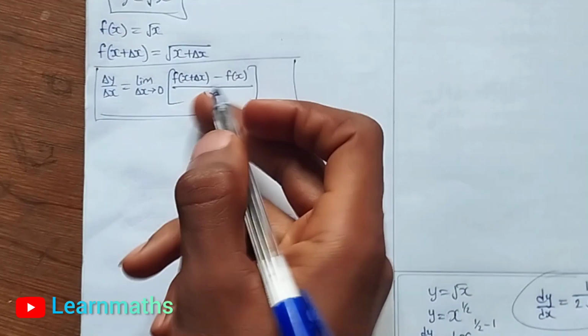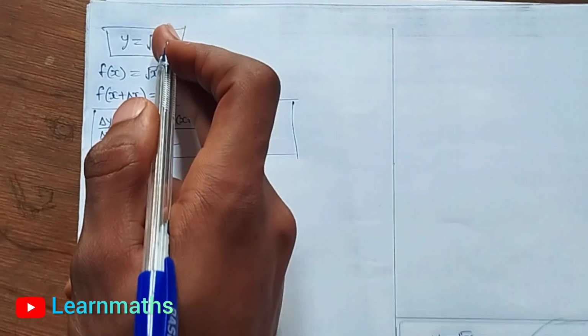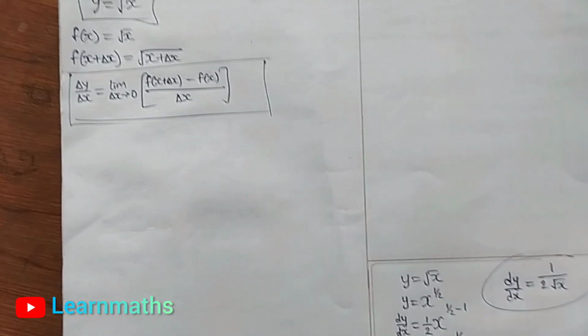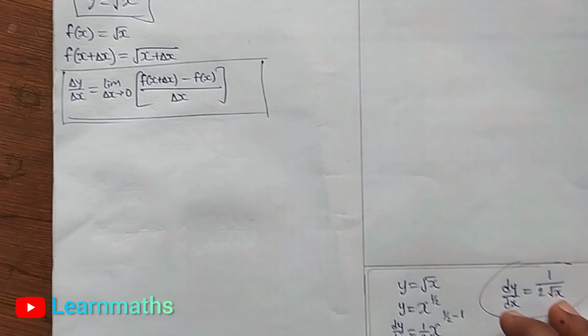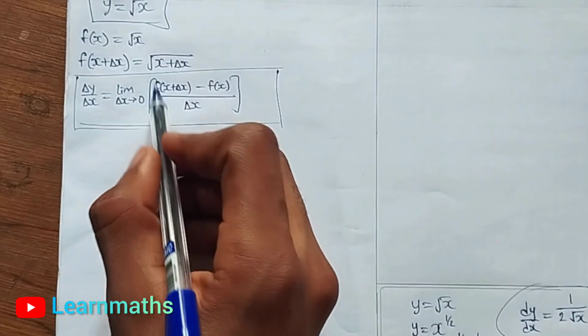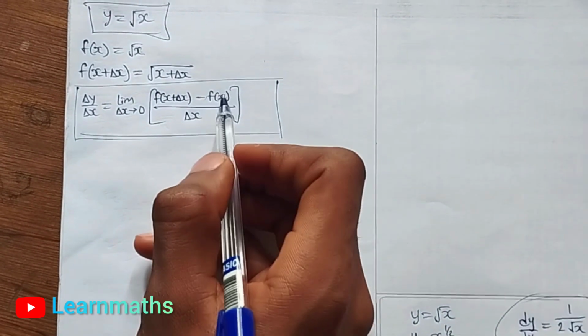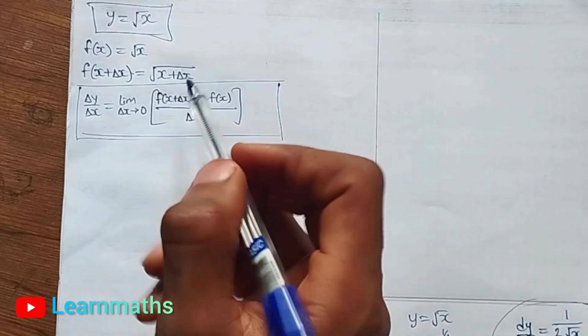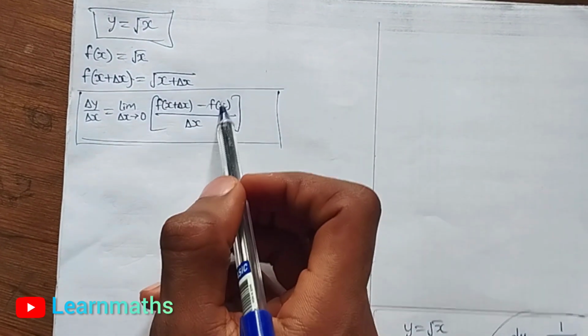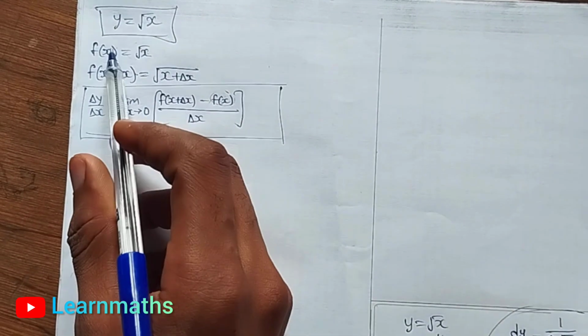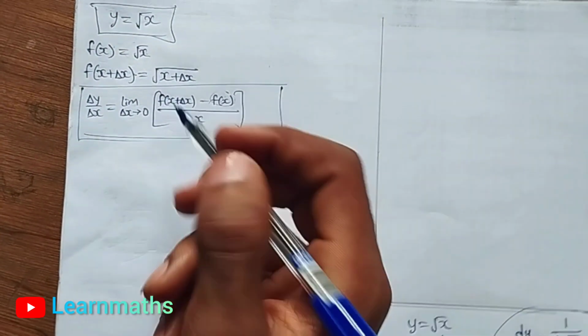So we're going to try to apply this to differentiate this function and see if we arrive at the same answer, right? So how do we get f of x plus change in x minus f of x? These are the two functions, right? We're going to be subtracting this from this, right? Subtracting f of x from f of x plus change in x.